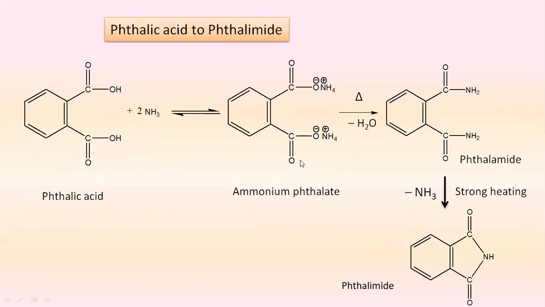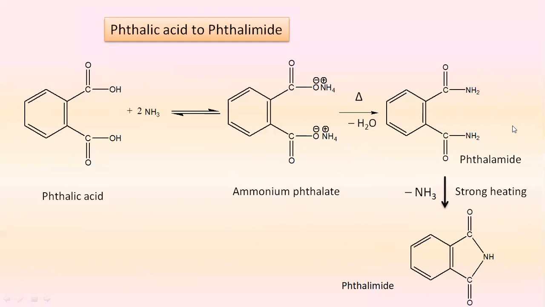Both hydrogens of phthalic acid are taken up by NH3, forming ammonium phthalate. On heating, removal of H2O takes place. From the first structure O minus NH4 plus, there is removal of oxygen and H2, so what remains is NH2. Similarly for the next group, removal of oxygen and H2, formation of NH2. It forms phthalamide, C double bond O NH2.